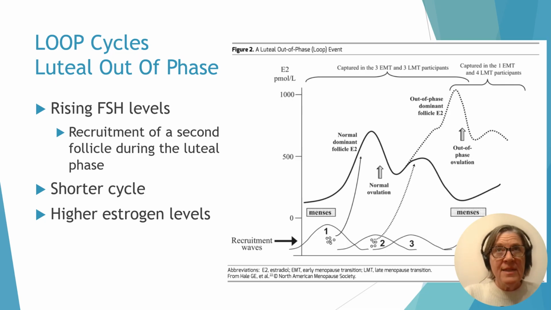But then, because the FSH levels are high and the inhibition of the AMH on the follicles is low, you can get a secondary recruitment wave. So that's indicated by the number 2 on the bottom of this slide. And then at that time, you have a superimposed secretion of estrogen by that second dominant follicle. And then what ends up happening is that you can get these 2 menses in a very close sequence, one right after the other.